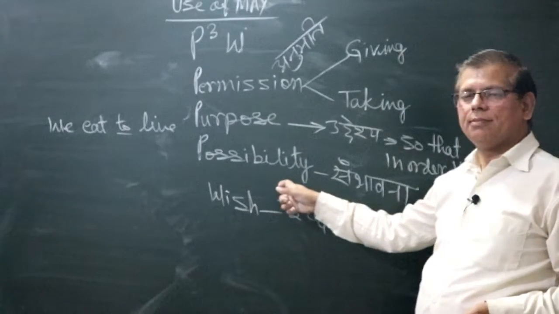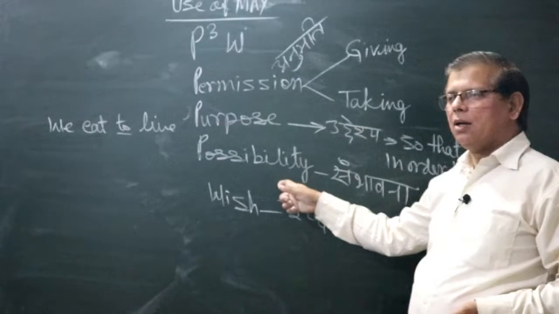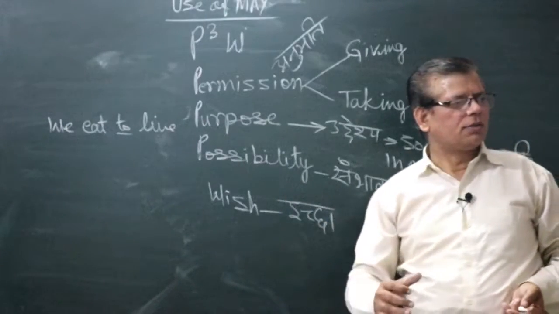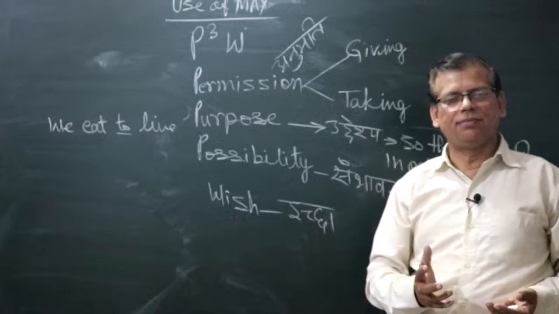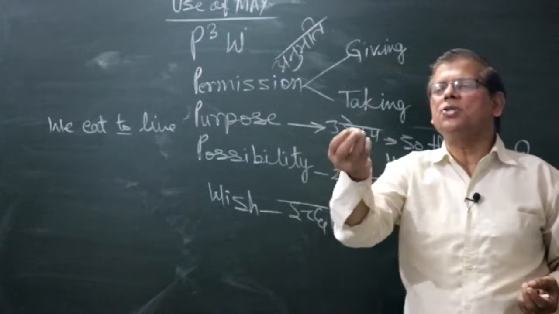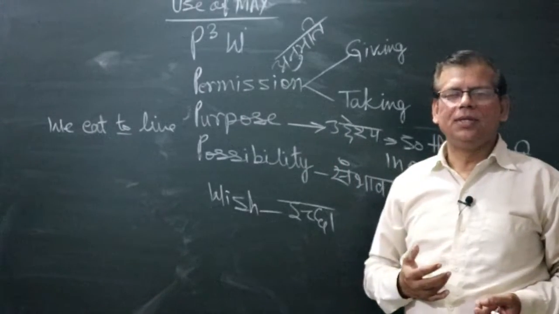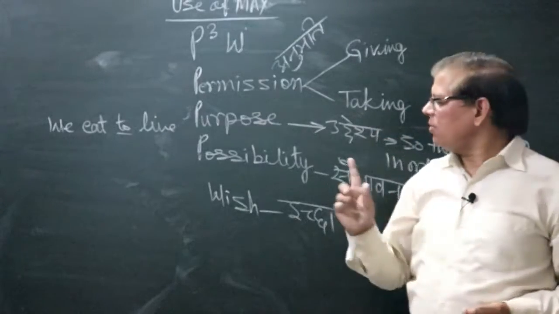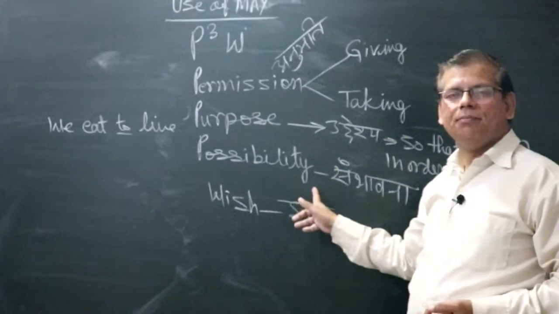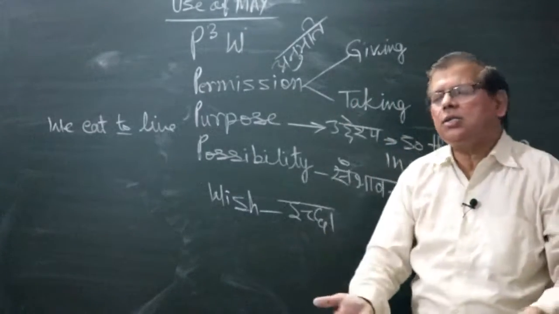Possibility. A child can create noise. Because I have not studied the mindset of a child, what goes on in the child? He may weep anytime. Possibility. Because it's the nature of a child to weep with or without any reason.